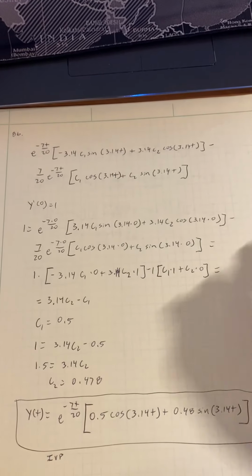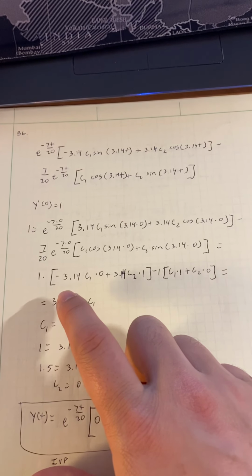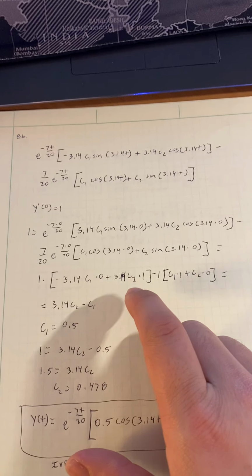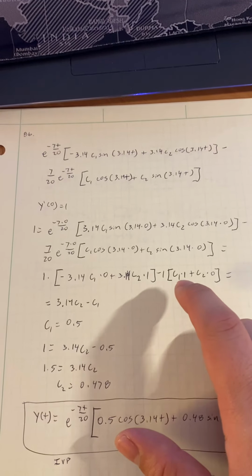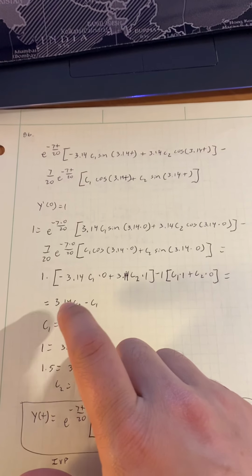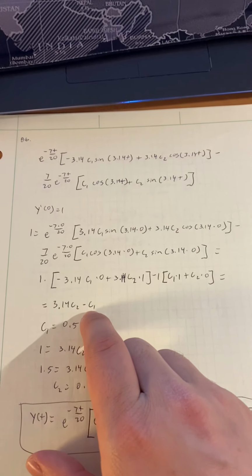So set 1 equal to this whole thing we just found, and plug the zeros in. Find what cancels, and reduce it down to 1 times negative 3.14 C1 times 0 plus 3.14 C2 times 1 minus 1 C1 plus C2 times 0. So here now, after I do all that, we should get 3.14 C2 minus C1. Recall earlier that we got C1 is equal to 0.5.